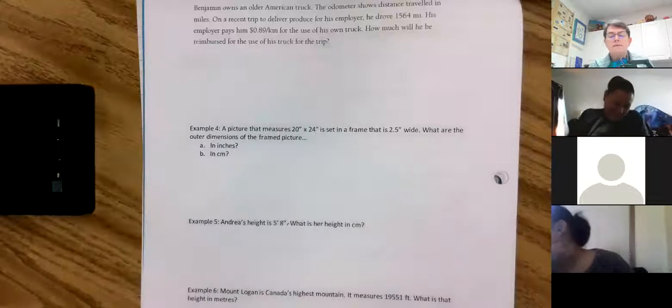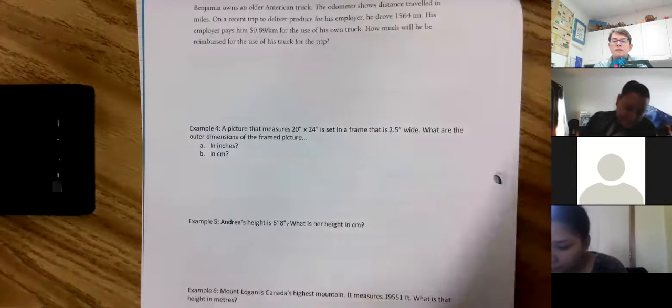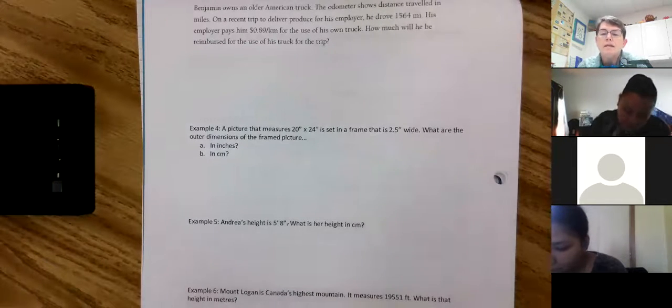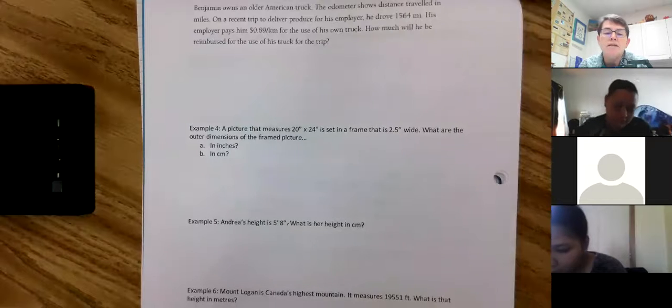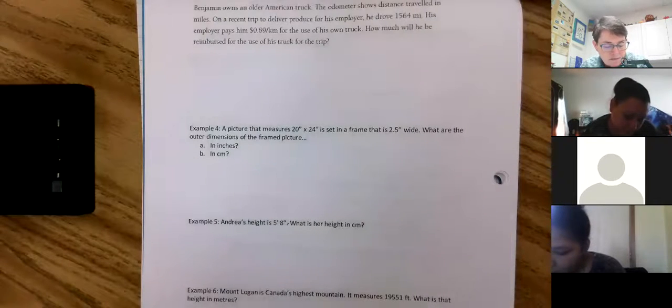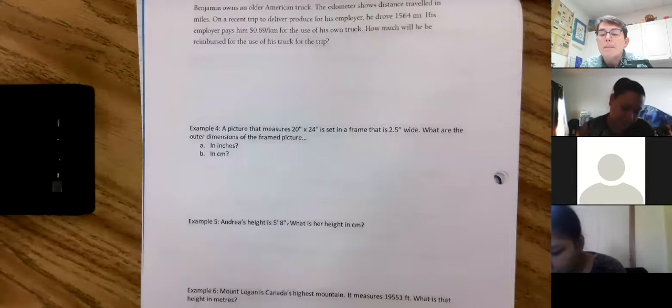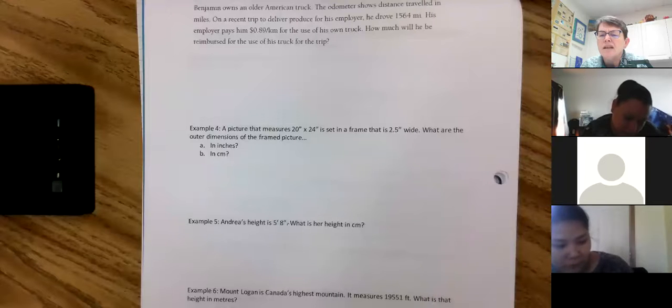A picture that measures 20 inches by 24 is set in a frame that is 2.5 inches wide. What are the outer dimensions of the framed picture? How about you guys give it a shot and then you can tell me what to do.